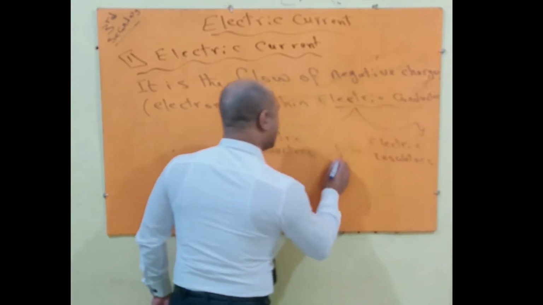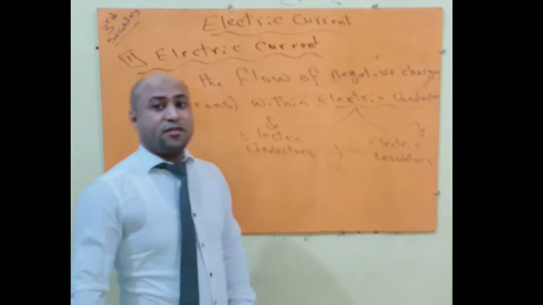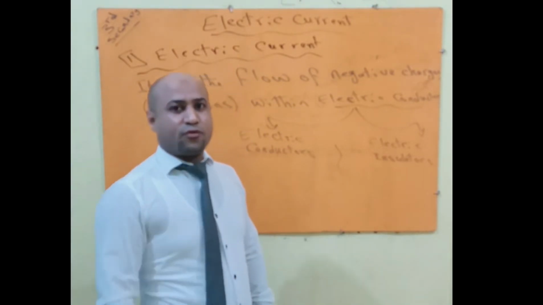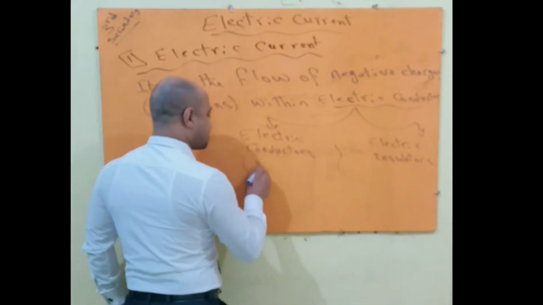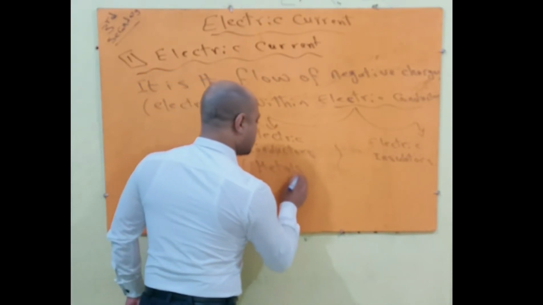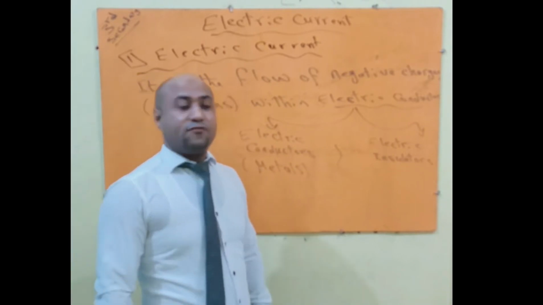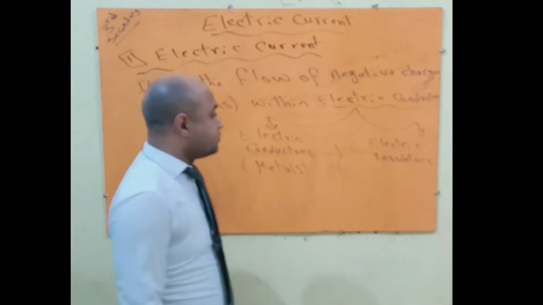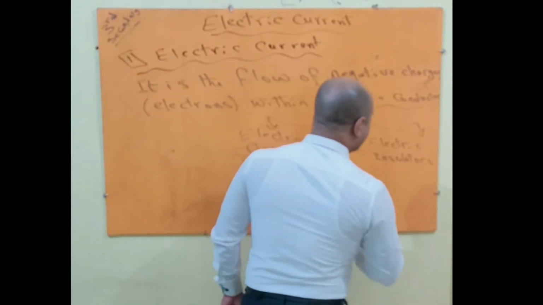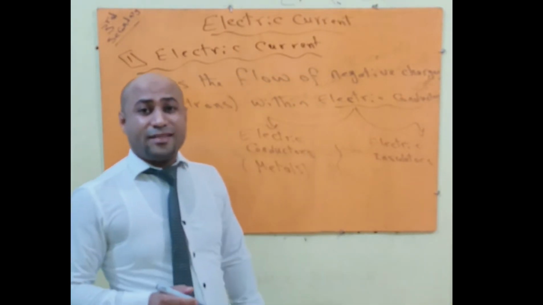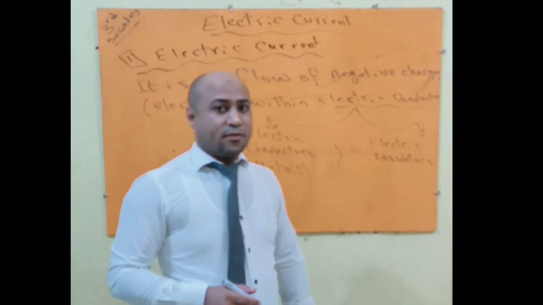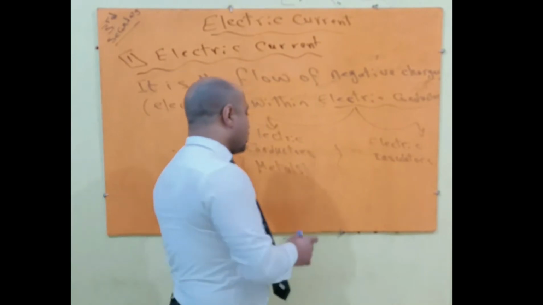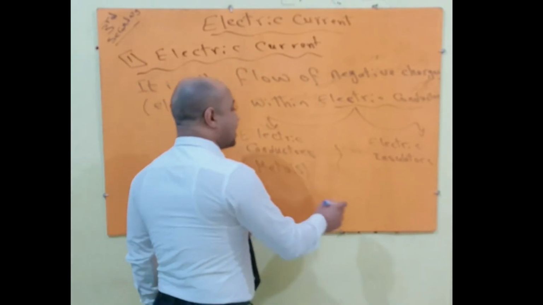What is the difference between them? Electric conductors are the materials that allow electric current to flow through them, like metals: iron, gold, silver, copper. And electric insulators are the materials that don't allow electric current to flow through them, like non-metals except carbon.